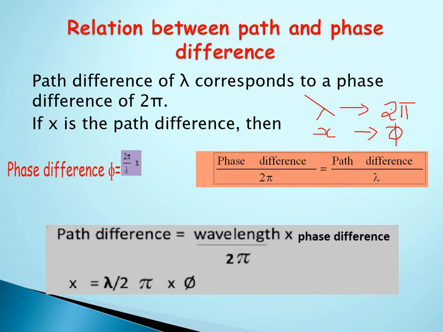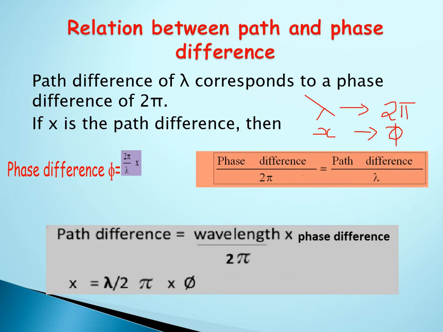For lambda, the phase difference is 2 pi. So for unit path difference, the phase difference is 2 pi by lambda. Then for x, phi is 2 pi by lambda into x. Or you remember this equation: phase difference by 2 pi is equal to path difference by lambda.